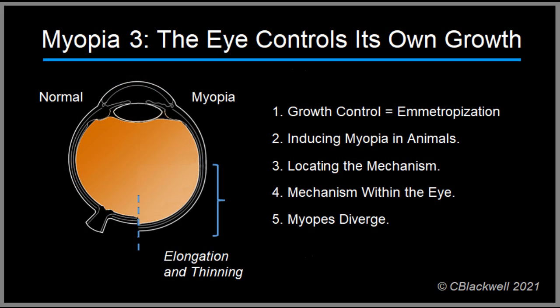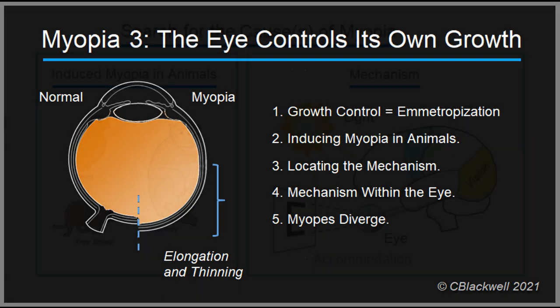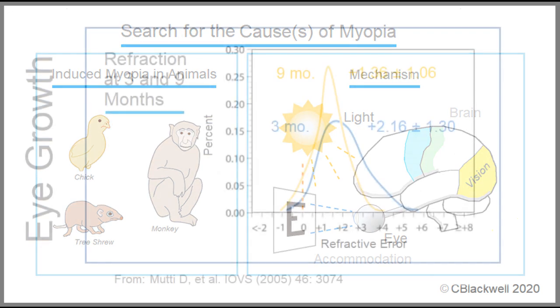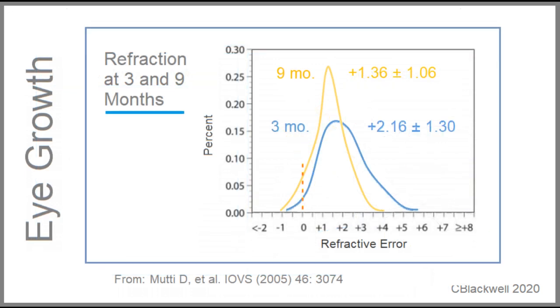As we come to the end of this video on emmetropization, what did we learn? Animal experiments have been a big help in trying to understand eye development, specifically the process of emmetropization. The leading current theory goes like this. We noted that most infants are born hyperopic and become less so as they grow.